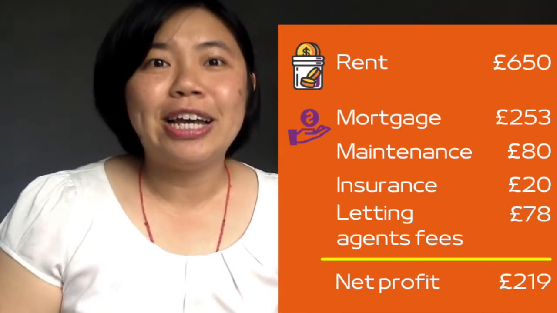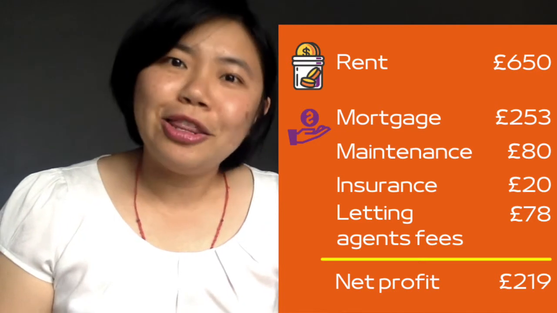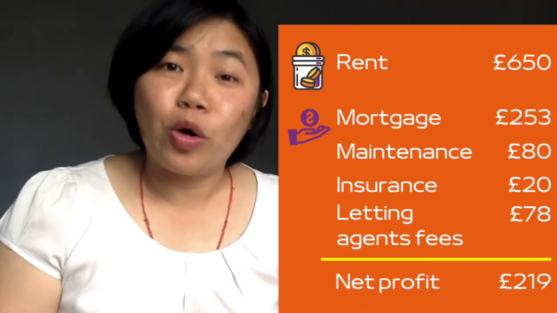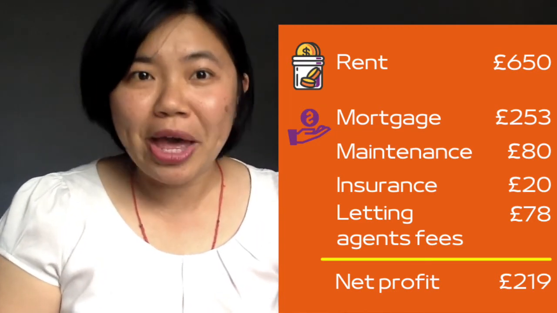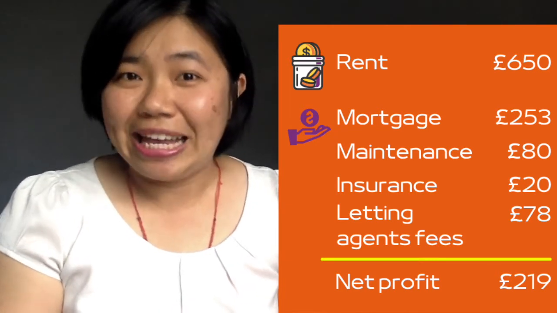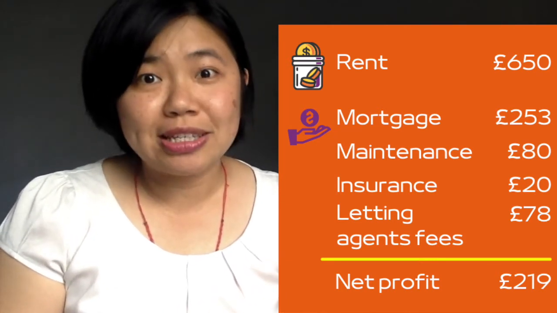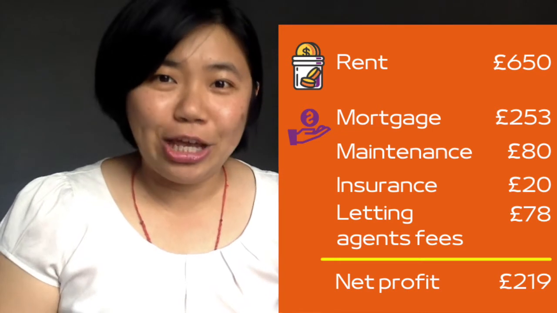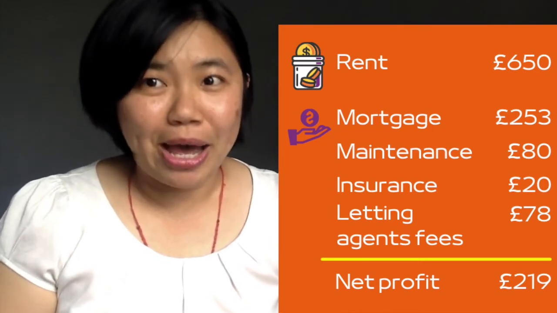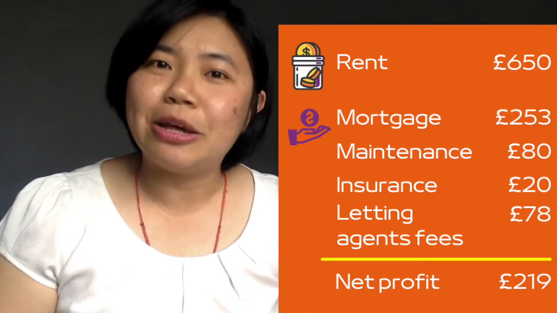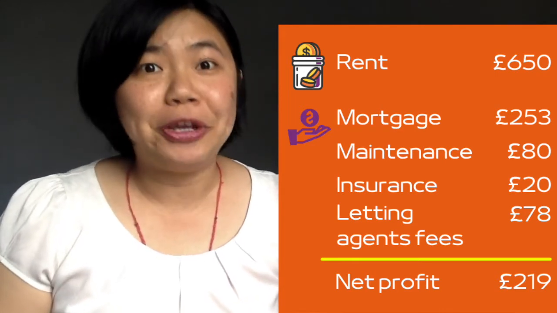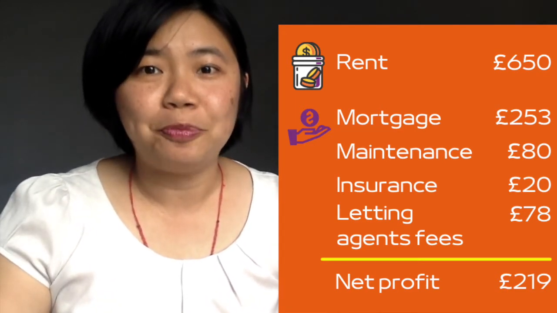That's the gross income. Then there are expenses like the mortgage, which is £253, the maintenance, that's £80, insurance, that's £20, and letting agents fee of £78. So this gives them a net income of £219 a month.